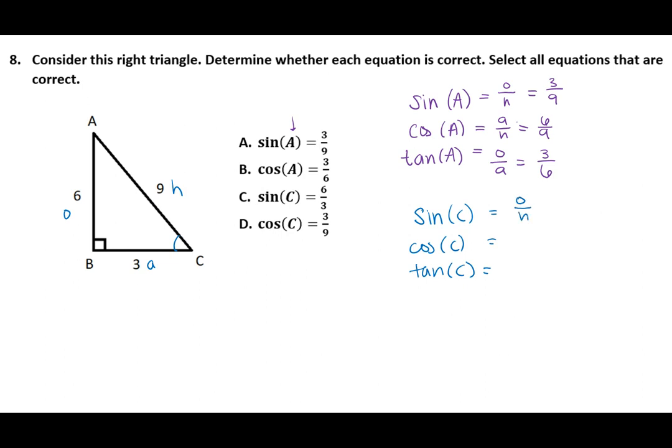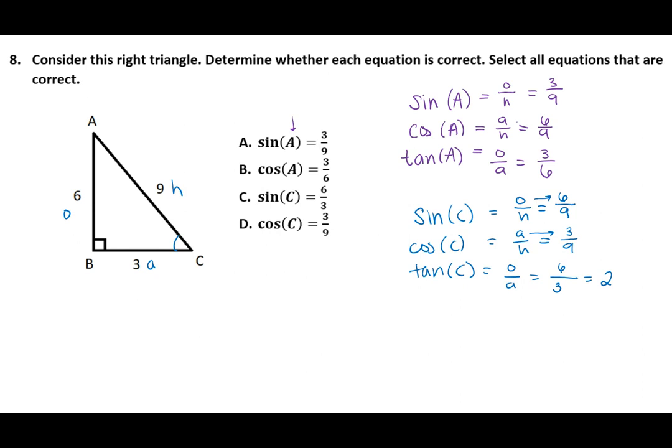So opposite over hypotenuse, opposite is 6, hypotenuse is 9. Cosine of C is A over H, which is 3/9. Tangent is O over A. O is 6, A is 3, which is the same thing as 2.